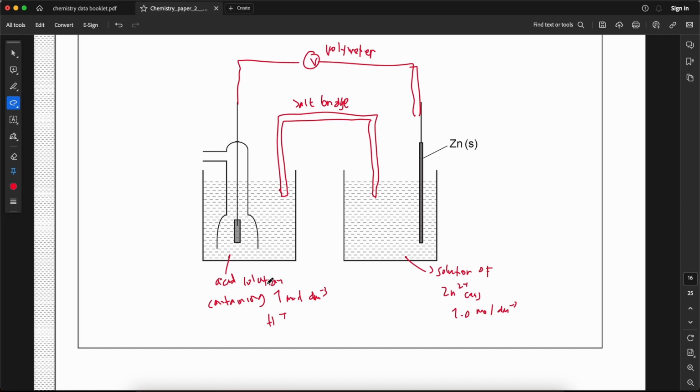So H+ plus electron produce half H2, it's 0.00, and this should be a platinum electrode, and there is hydrogen gas at 298 Kelvin and 100 kilopascal. They are default at this condition.